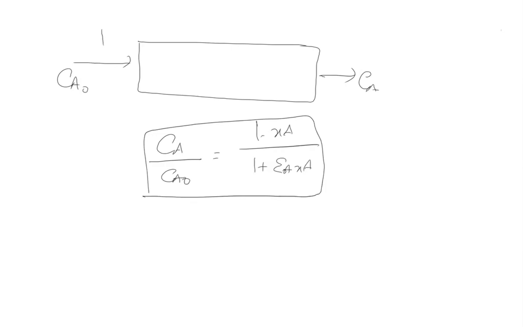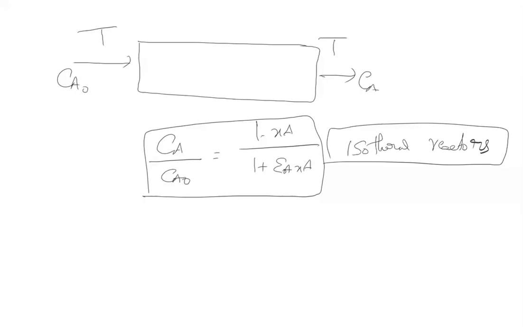But only provided CA naught and CA are at the same temperature. This we have done for isothermal reactors. When we are designing a PFR, we always assume that it is an isothermal reactor. We have never considered temperature effects in the system. Clear?